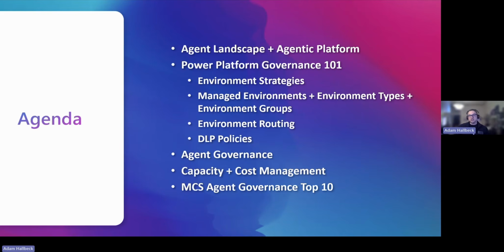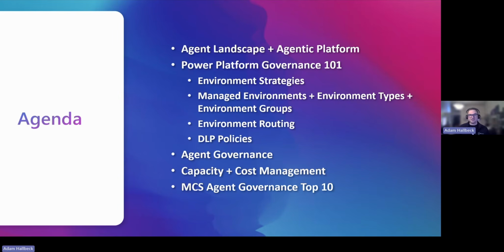So what I would like to do is for everybody here, whether you're an agent vet, which I guess would be a year or two of doing this, or you're a newbie coming in fresh and want to understand a little bit about what that core governance conversation sounds like when it comes to the Power Platform. We're going to cover that along with breaking down the agent landscape.